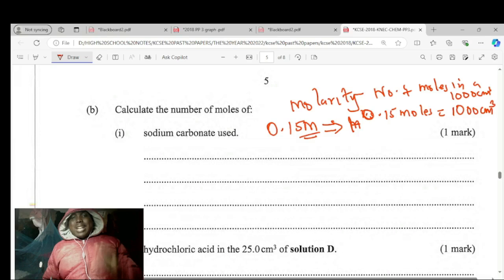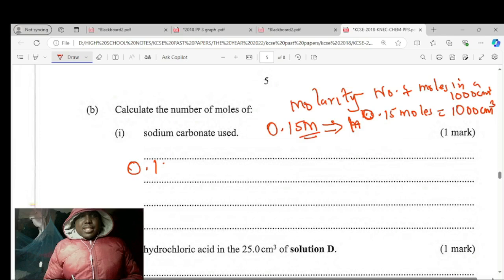So what we were given, 0.15 moles, is contained in 1000 centimeters cube. We find out the volume of sodium carbonate solution C used, which is 23.5, our average.